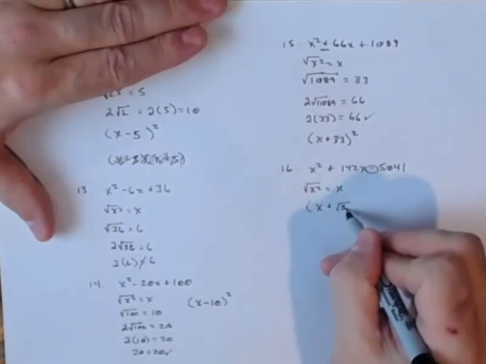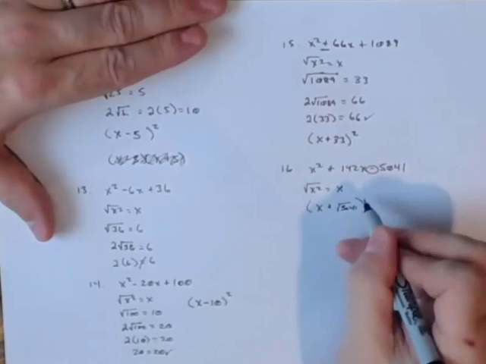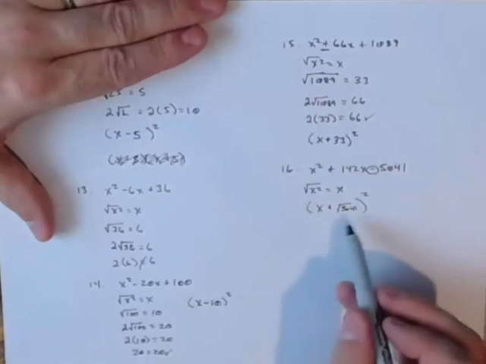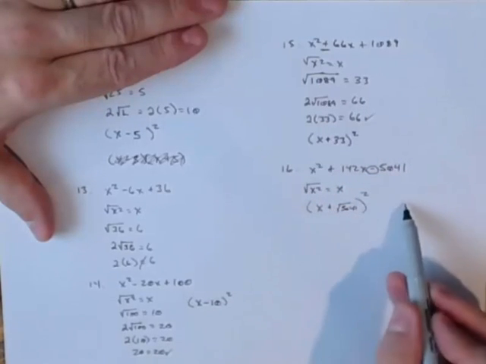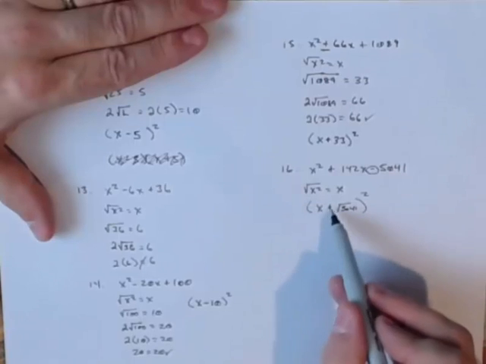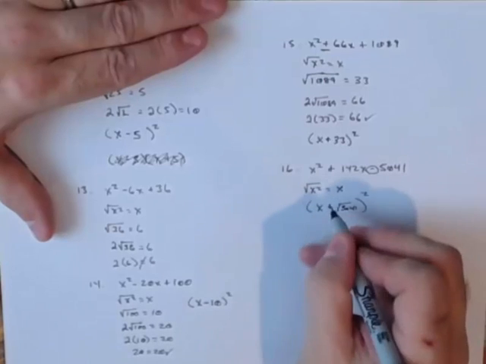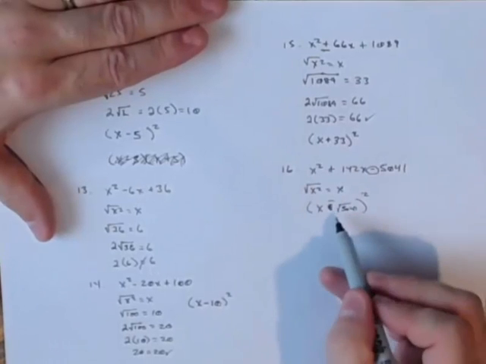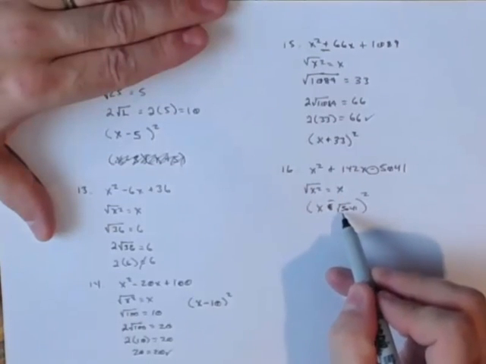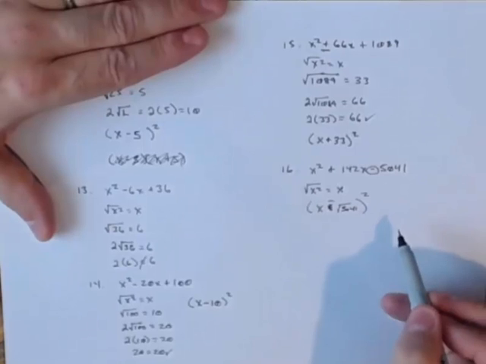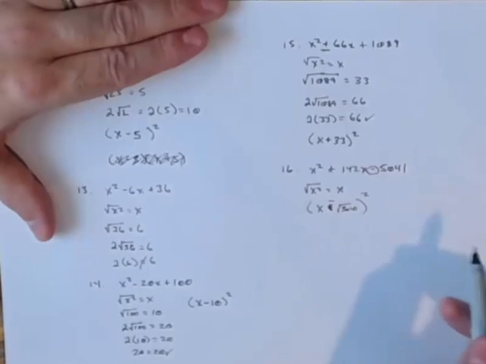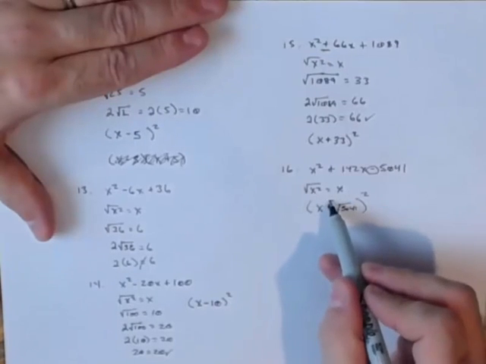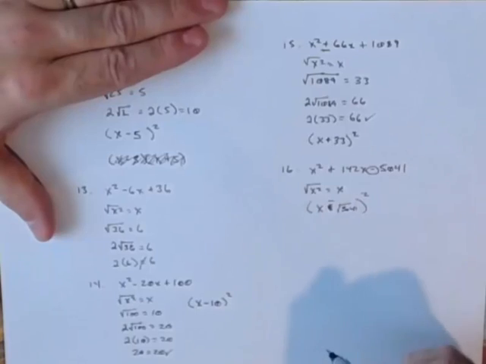If that was squared, when I do my FOIL, it's going to be this times itself, which is going to be 5041, but it's going to be positive because it's a positive times a positive. Or let's pretend the sign was negative. When I get to the L in FOIL and I multiply my last terms, I'm still going to be multiplying the square root of 5041 times the square root of 5041, which gives me 5041. But I've got two negative signs, and that's still going to give me a positive.